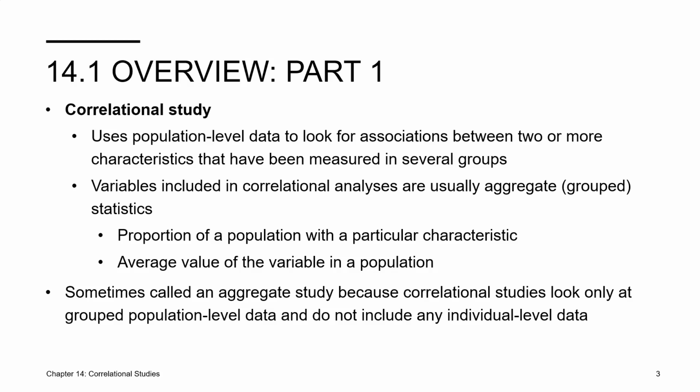So this could be a proportion of a population with a particular characteristic, say an exposure or disease, or an average value of a variable in the population, which could be, say, age. Sometimes, correlational studies are called an aggregate study because correlational studies look only at group-level population data and do not include any individual level data.